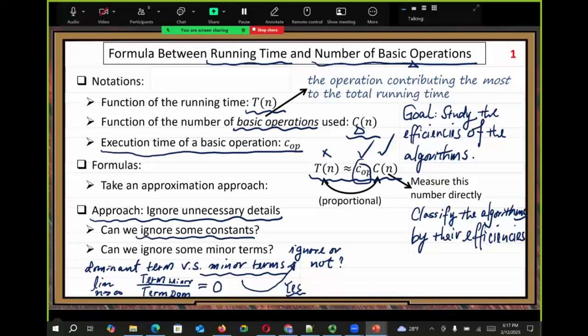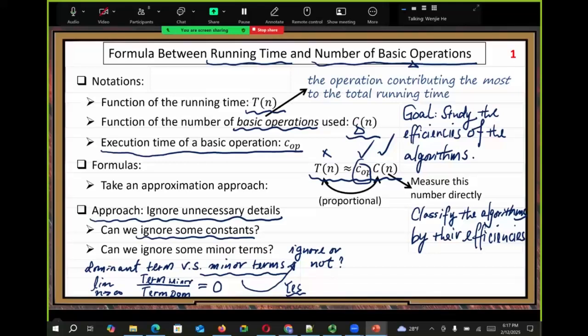But when n is very large, even if our computing power is very strong, our computing resource and power has some limit.